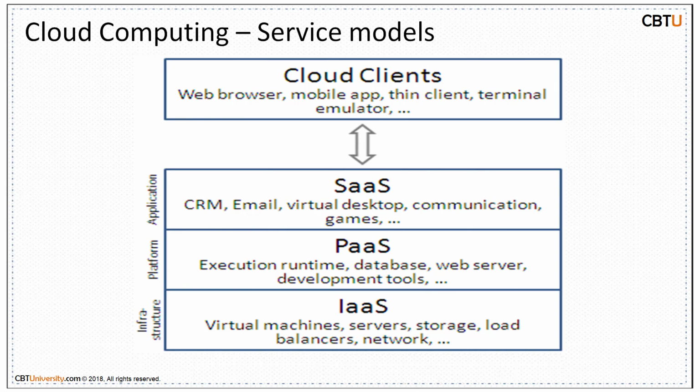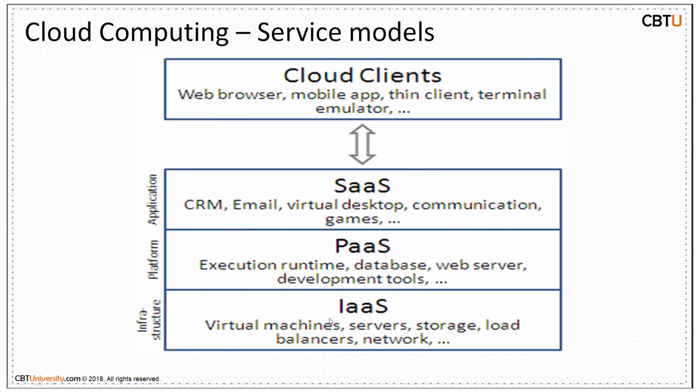And the next level of cloud computing is at the application level. It is Software as a Service, SaaS. This includes CRM applications like Salesforce, email, virtual desktop, communication, and gaming, with multiple users playing online games.